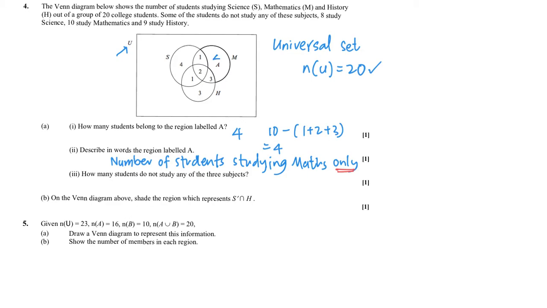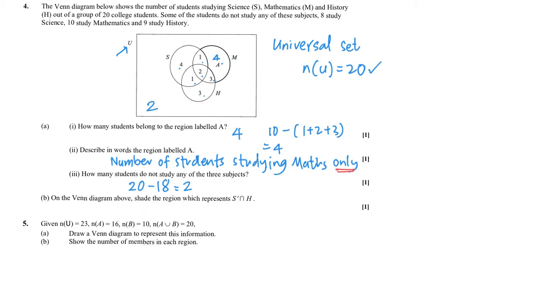So we add 4, 1, 4, 1. That makes 8. 8 plus 4, 12. 12 plus 3, 15. That plus 3, 18. So how many students do not study any subject? From 20, 18 are taking some subjects, and that would be 2 outside.